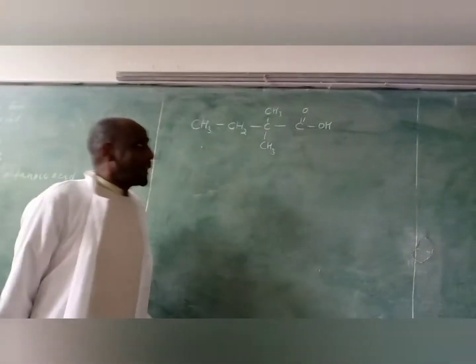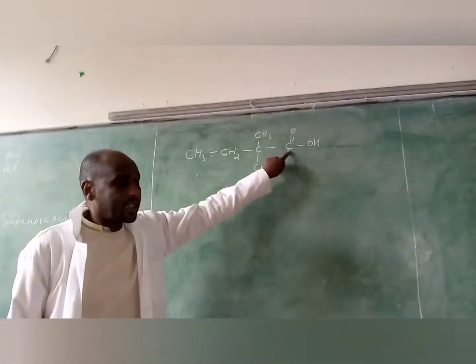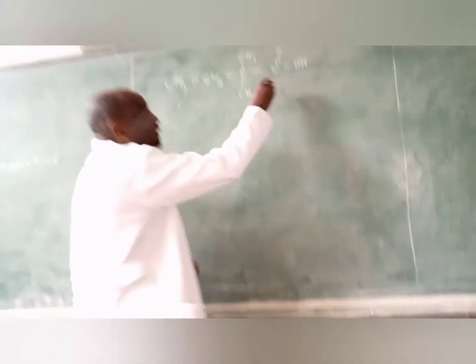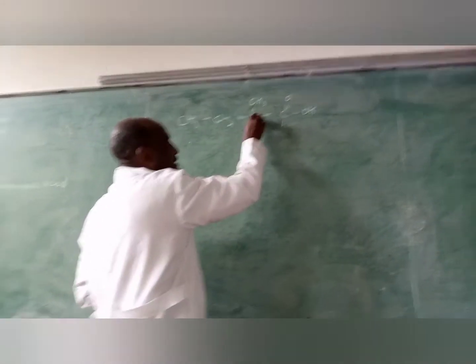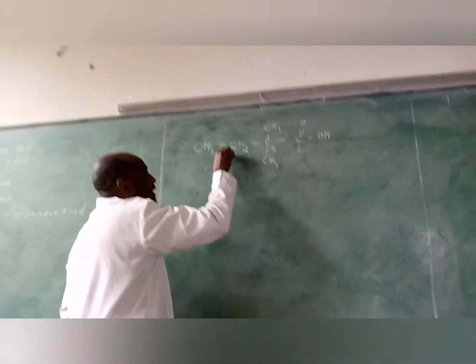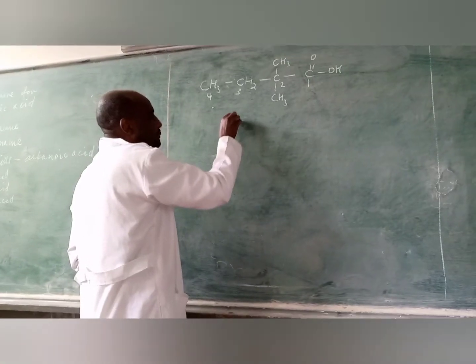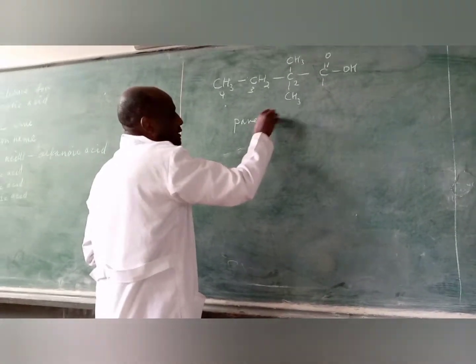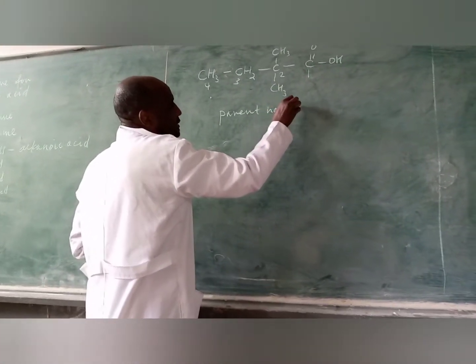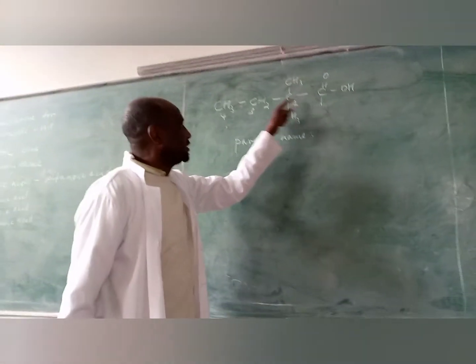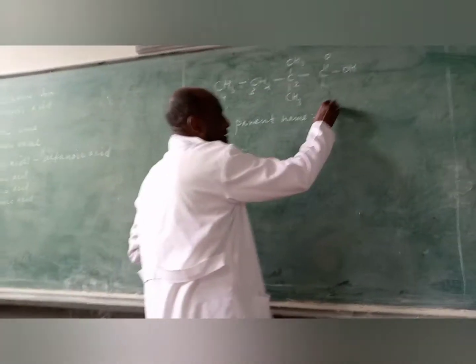Now, to give the IUPAC name, always the first carbon is the carbonyl carbon. This is the first carbon. We number it: 2, 3, 4. Therefore, the parent name has 4 carbon. Therefore, it is butanoic acid.